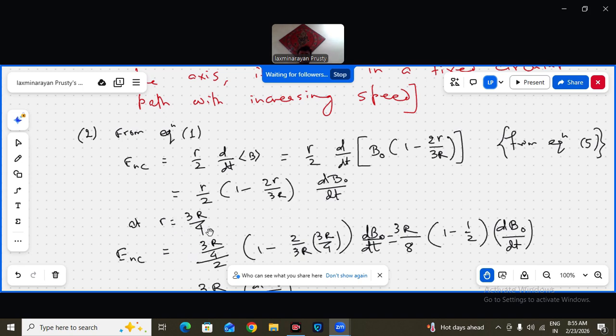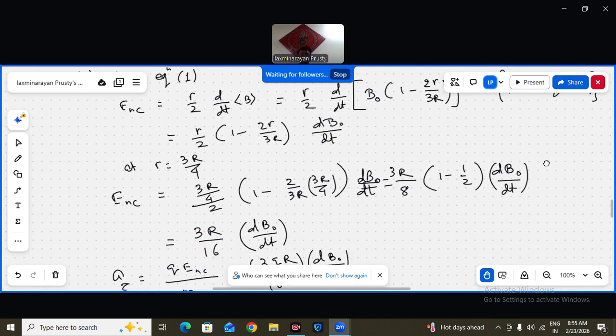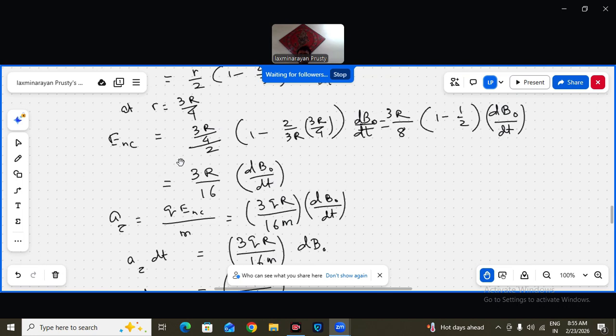So E is 3R by 4 by 2, into 1 minus 2 by 3R into 3R by 4, into dB naught by dt, because I told you B naught is a function of time. So it is 3R by 8 into 1 minus 1 by 2, which is 1 by 2. So 3R by 16 dB naught by dt is E.